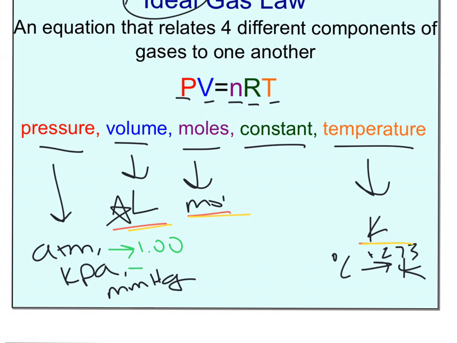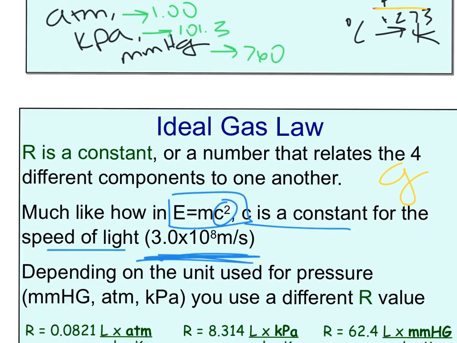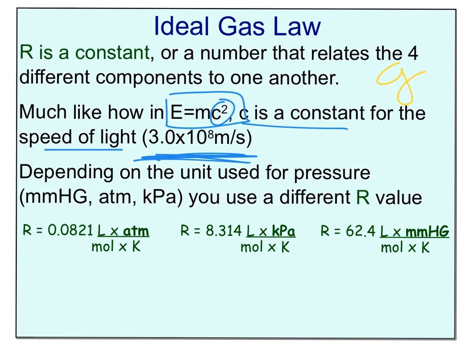In kilopascals, that's the same as 101.3. And in millimeters of mercury, that is the same as 760. So if I'm doing a problem with the ideal gas law, and I'm choosing to use atmospheres, kilopascals, or millimeters of mercury, my numbers are totally different, which will then make my answer totally different. So since the unit of pressure can change, the R value also has to change.